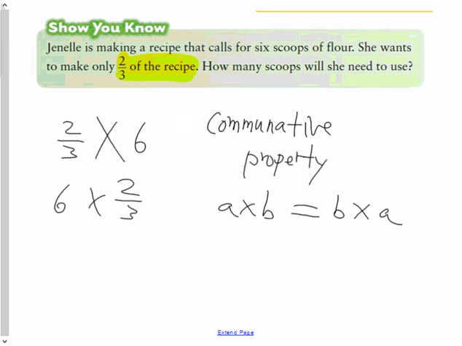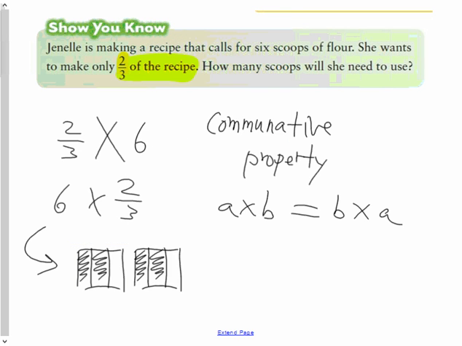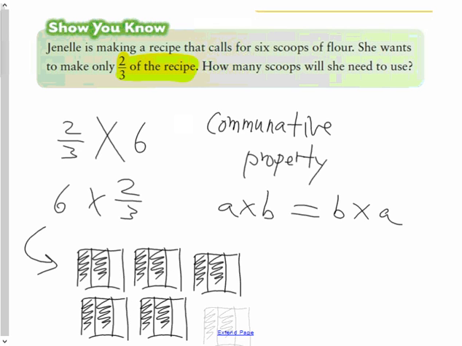Okay, so either way we think about it, if you wanted to model this particular question, you could say 6 groups of 2/3. So I'm going to model it this way and see what happens. How many scoops will she need? If I think about 6 groups of 2/3, and I draw my 2/3 of a cup, and I draw it like this, and I clone it, infinite cloner, 2, 3, 4, 5, and 6.